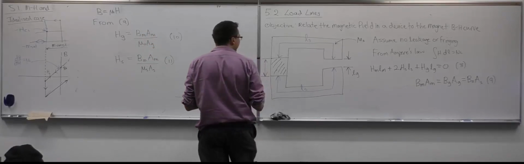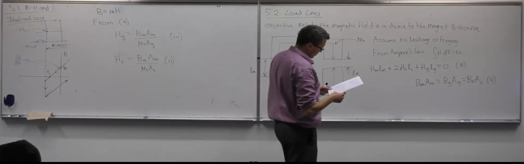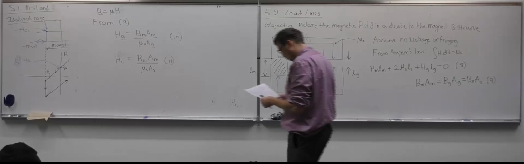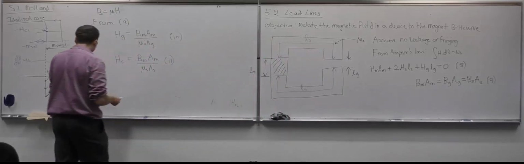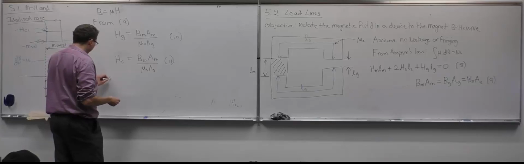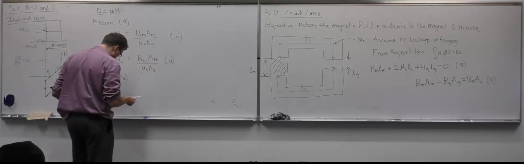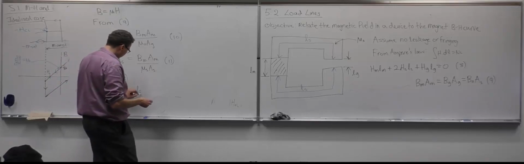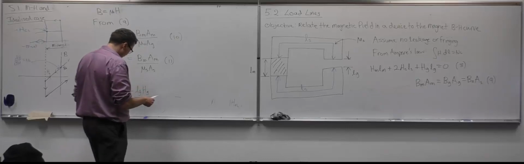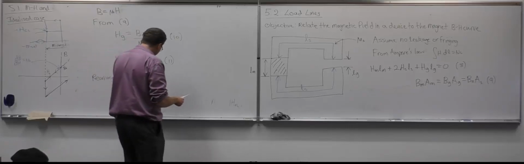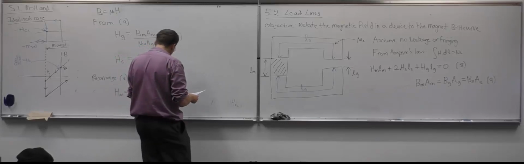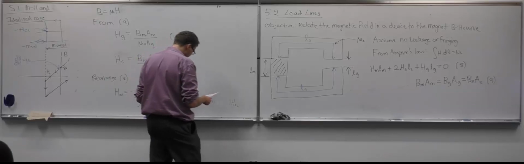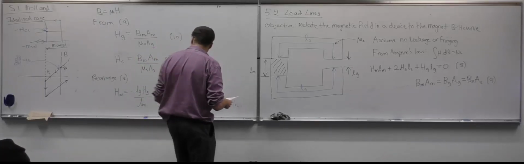Okay, now we can also rearrange equation 8 so we express it in terms of Hm. So rearrange 8. Hm is equal to minus Lg Hg divided by Lm minus 2 Ls divided by Lm Hs, and I'll call that equation 12.